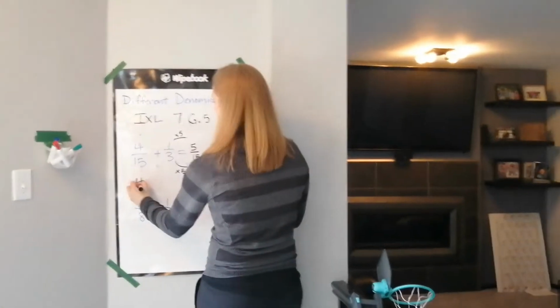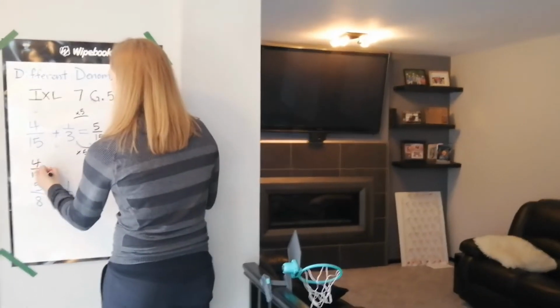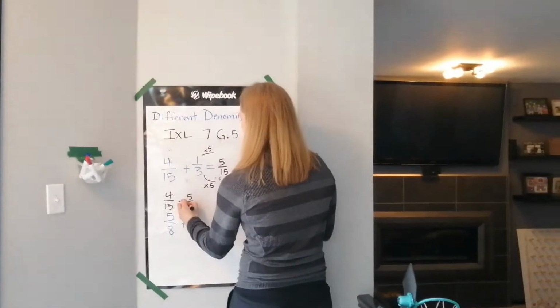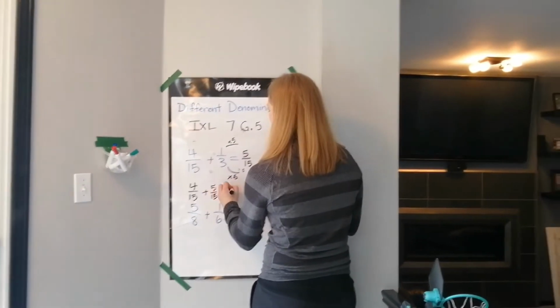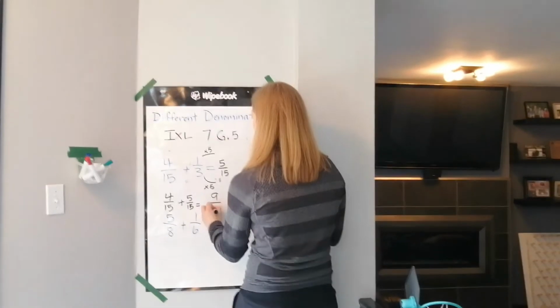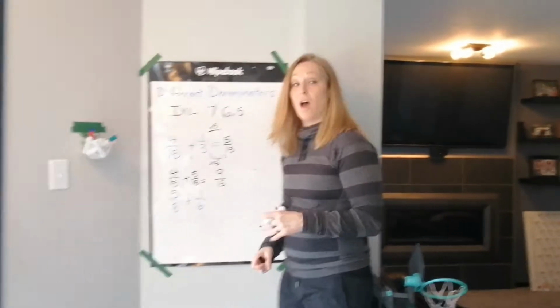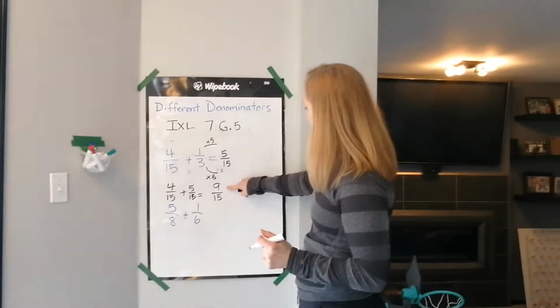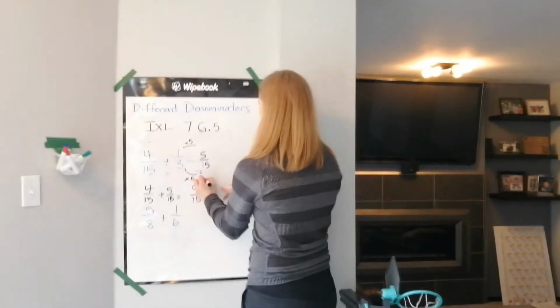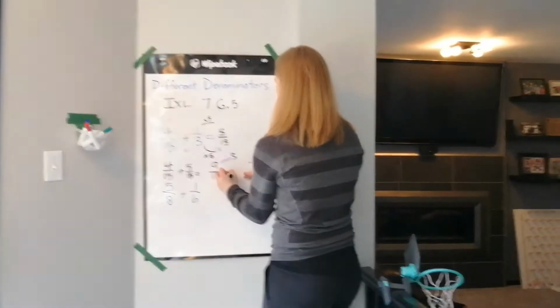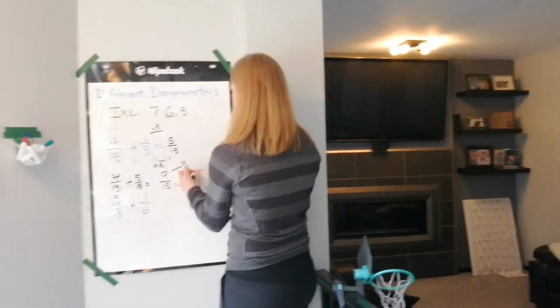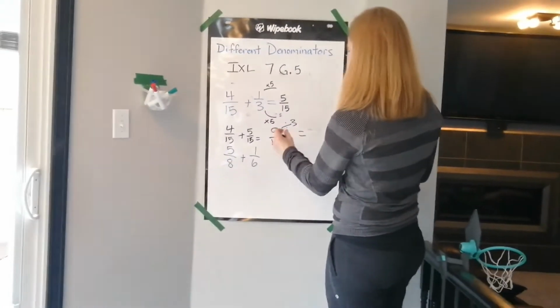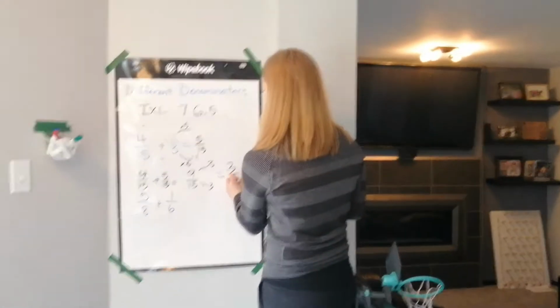So I've got 4 15ths plus 5 15ths equals 9 15ths. I can put that one in lowest terms. So let's do that now. I could divide them each by 3, divide by 3, divide by 3, and I will end up with 3/5.